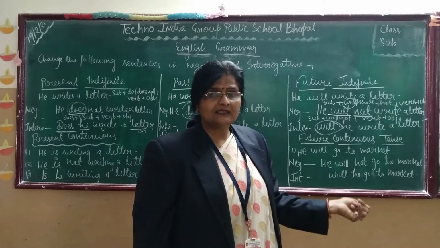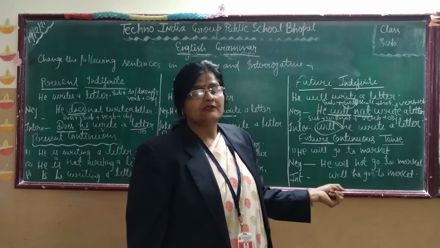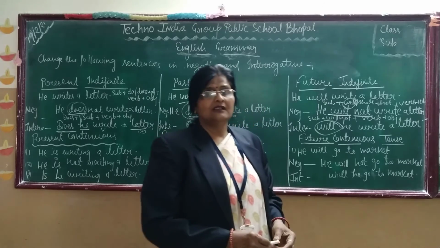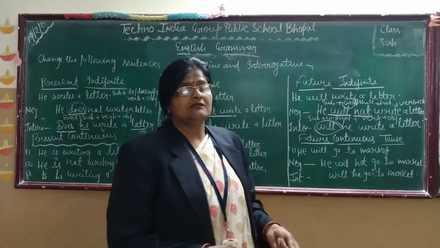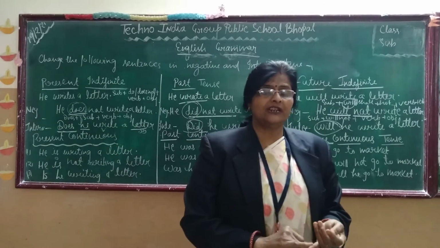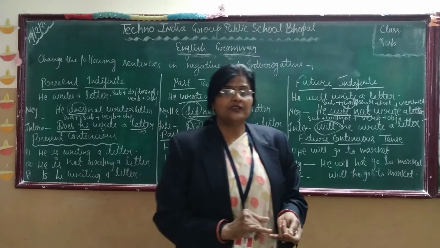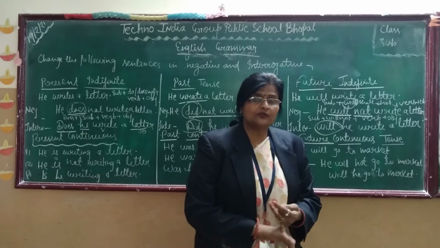Shall you go there? क्या तुम वहाँ जाओगे? Will you come here? Shall you come here? क्या तुम यहाँ आओगे? And I always remember this. With he, she, it we always use will, and with I, we, you, they we always use shall.